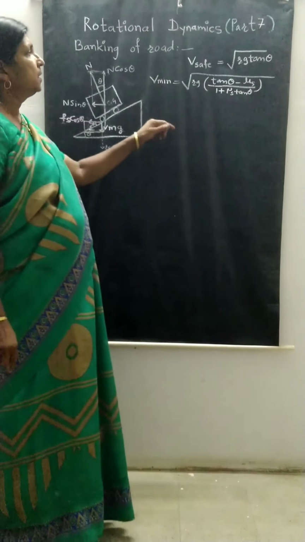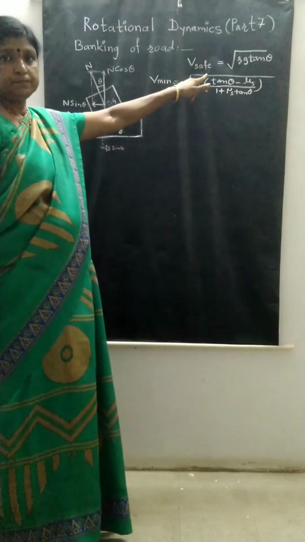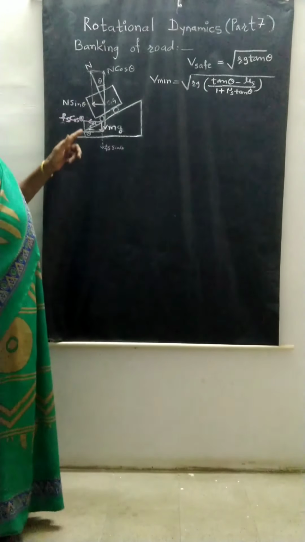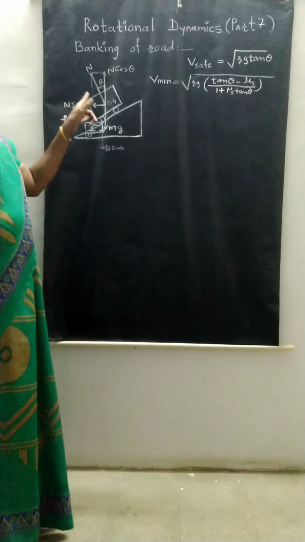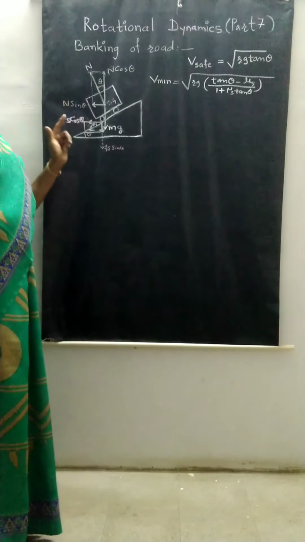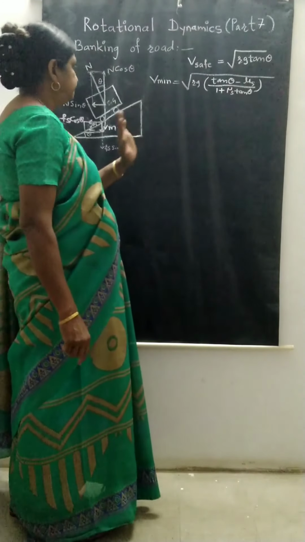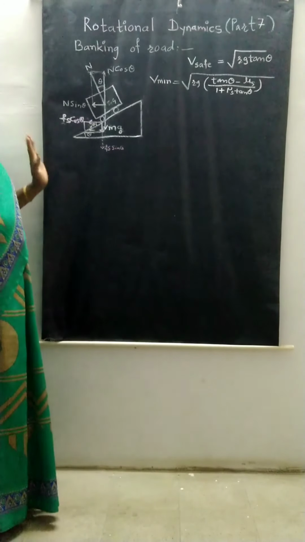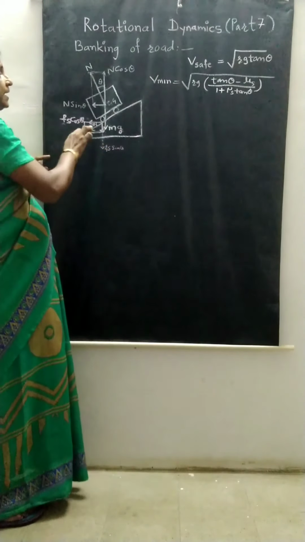If the speed exceeds this limit, then the centrifugal force is greater than the component N sin theta. Therefore, the vehicle moves away from the center of the circular track. Here, the frictional force again plays its role. It acts in the opposite direction to the direction of sliding.